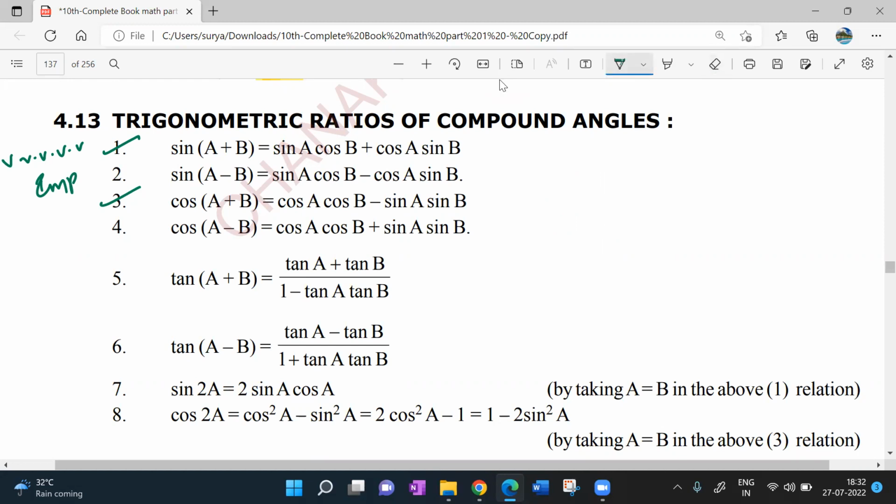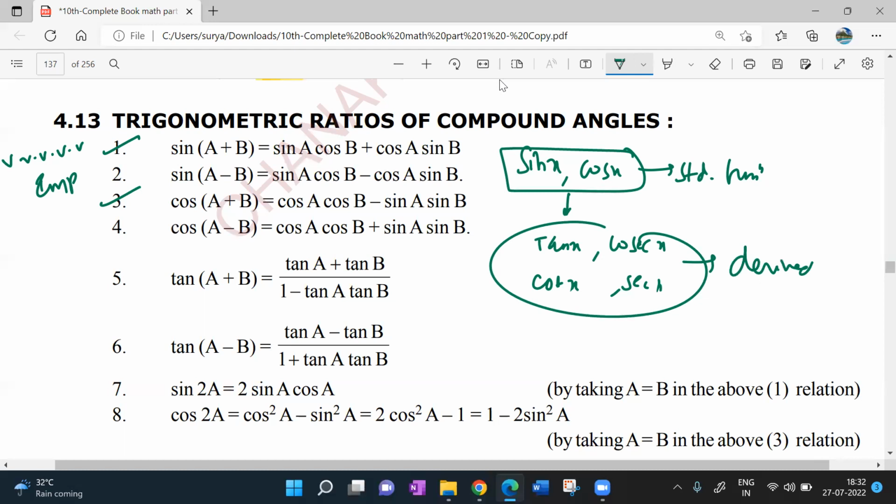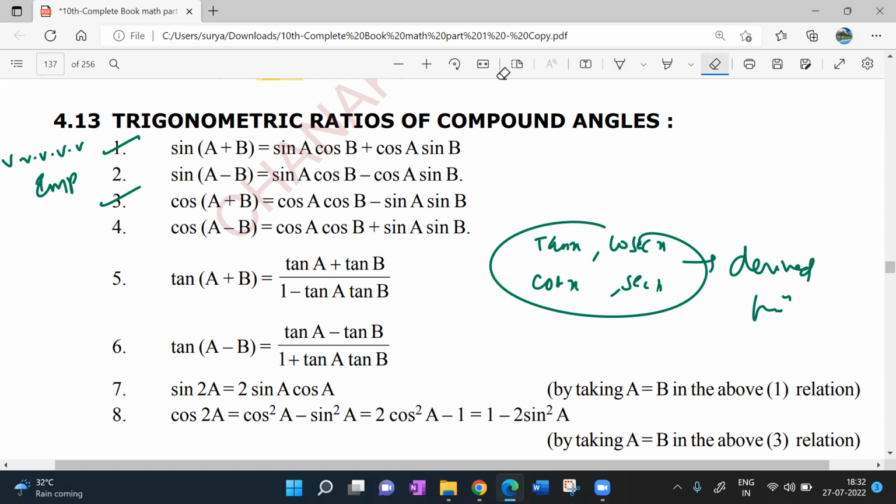These are my standard functions. From these only tan x, cot x, cosec x, secant x are derived functions. So if you know sin x and cos x well, the other functions are easily derivable.